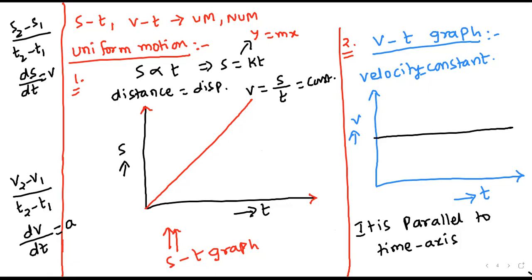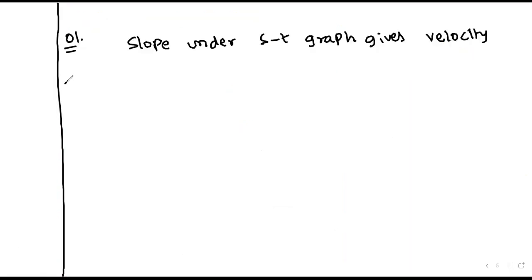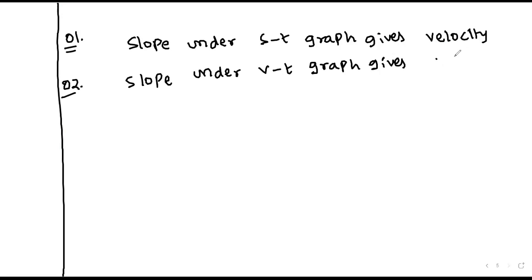So the slope under the VT graph gives acceleration.